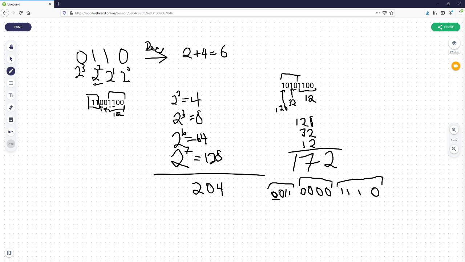So basically here, I'm just going to write it out. We're going to get 2, 4, and 8. And then in the 16 spot we get nothing. 32 spot we get nothing. 64, nothing. 128, nothing. This is in the 256 spot.